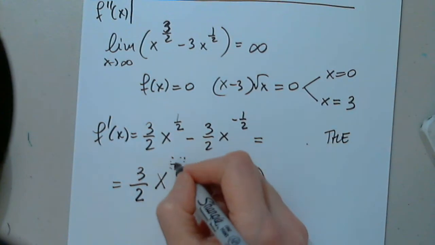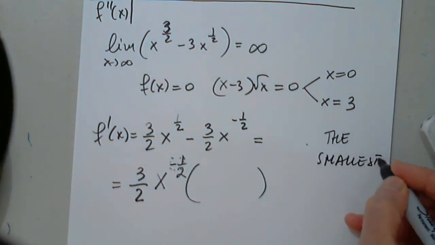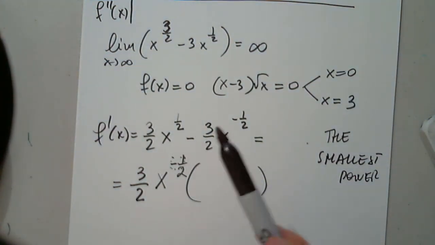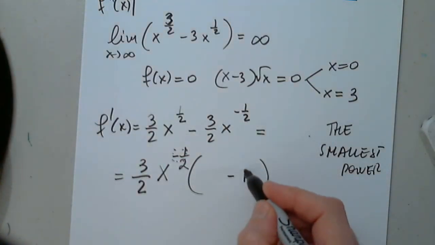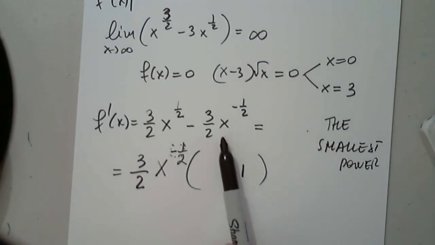Negative 1/2. Negative 1/2. Awesome. The smallest power, always. Okay. So now I have to be careful. So this is completely out, so I will have a negative 1, of course. Because this times this will be that.